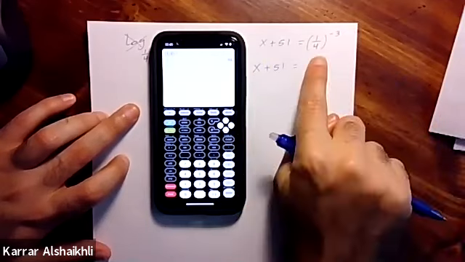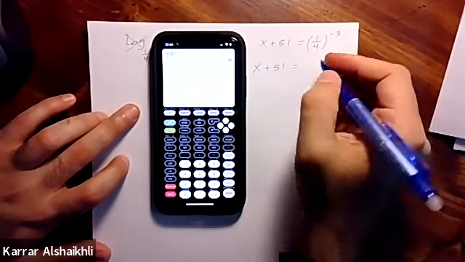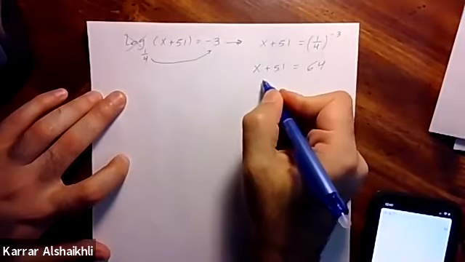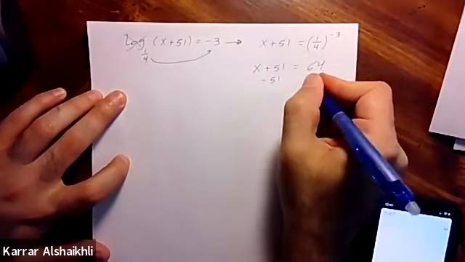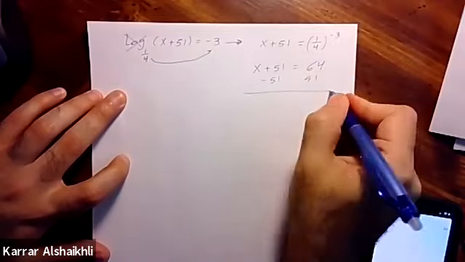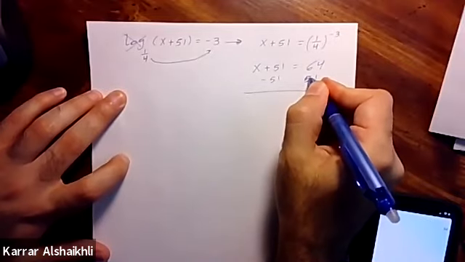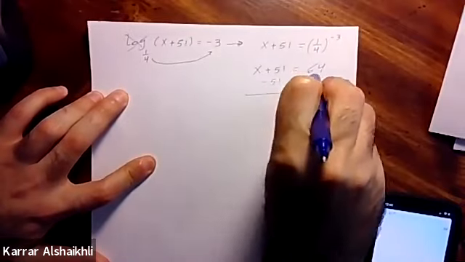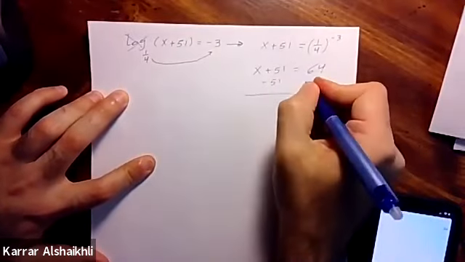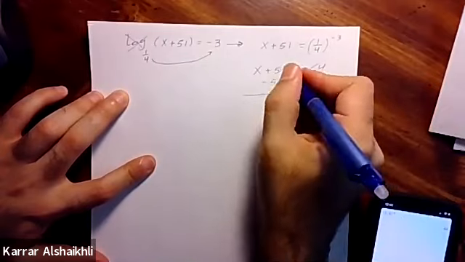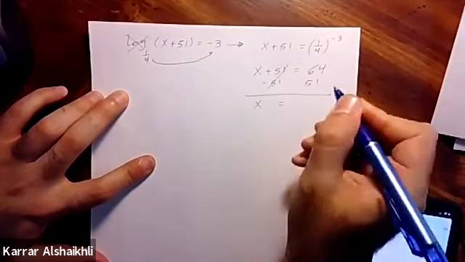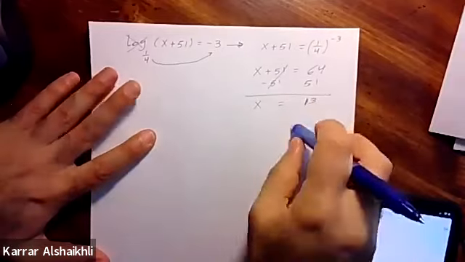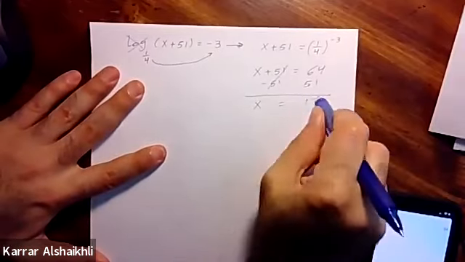So I already know the result here is 64. Now, we're just going to say minus 51 from both sides. Cancel these. So x is going to be equal 13. So that's how you're going to use it.